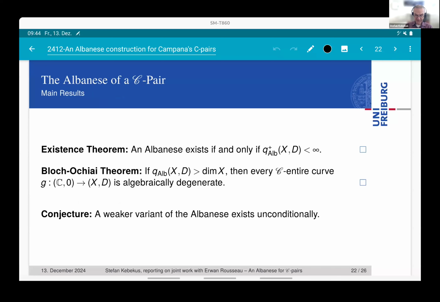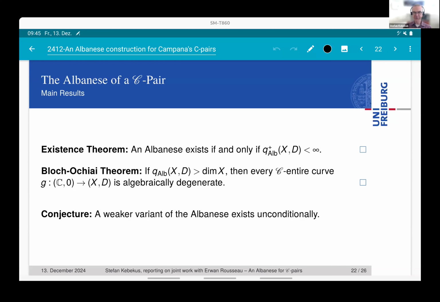We prove that an Albanese exists if the augmented Albanese irregularity is finite. And if it's infinite, then we still get an Albanese variety, but with a universal property that's a little weaker than that proposed by Serre. It might still be useful, but we haven't really formed an opinion yet.